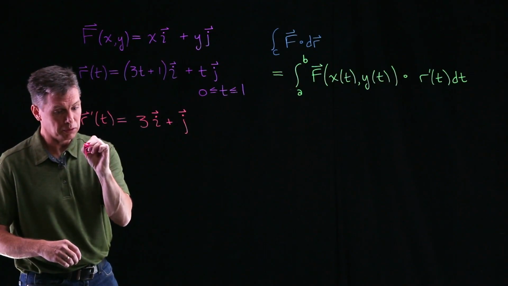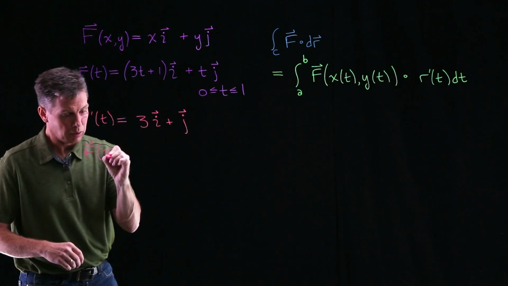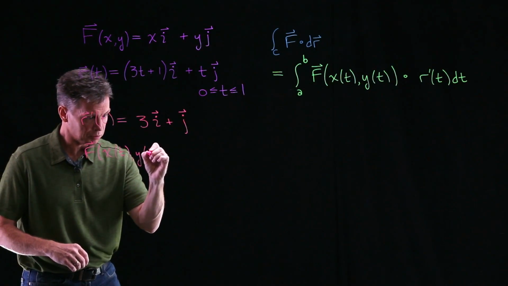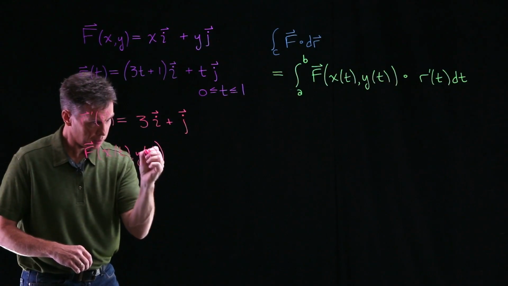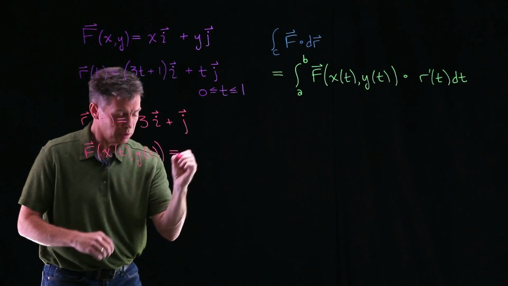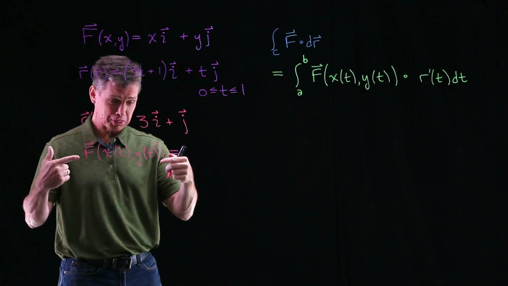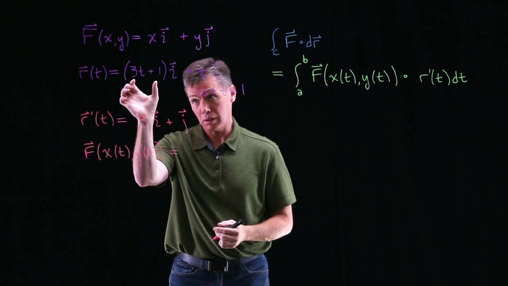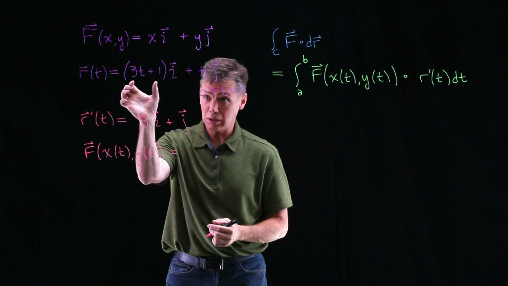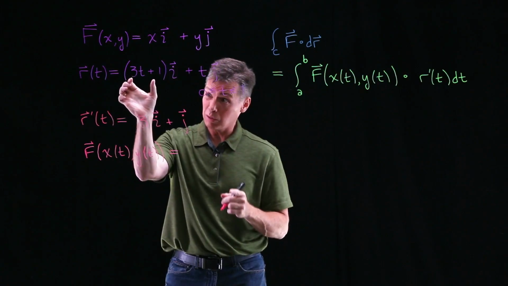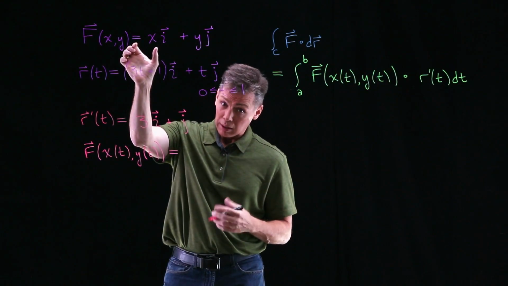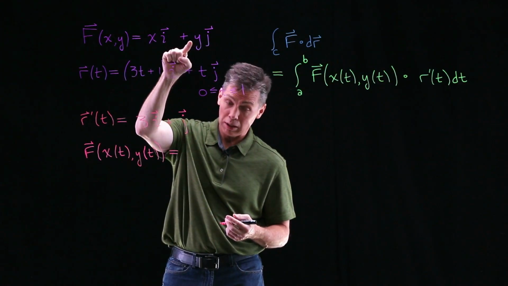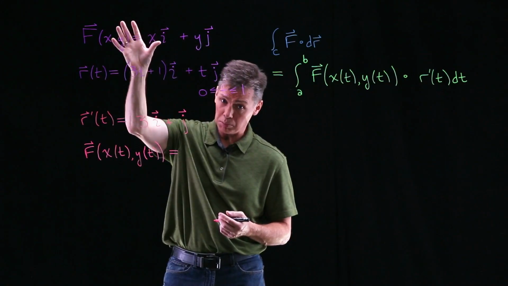The other piece of the puzzle that we said we needed was this whole f of x of t, comma y of t. It's easier to do than to write that whole expression. In order to do this, you just take your x component from the path function, 3t plus 1, and you plug it in wherever you see an x up here. In my force function, I only see an x right there and a y right there, but these expressions can get as involved as they want to be.